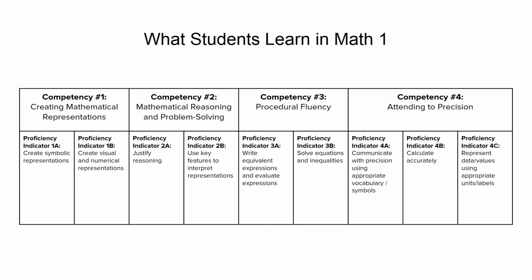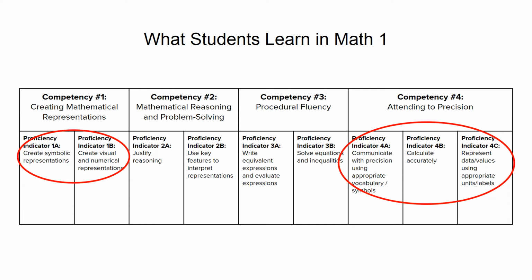Each competency consists of 2 or 3 proficiency indicators upon which students are assessed and receive a score. While the competencies and performance indicators do not change over the 3-year math sequence, the level of complexity increases each year as the students go deeper into the mathematical concepts taught in each course.